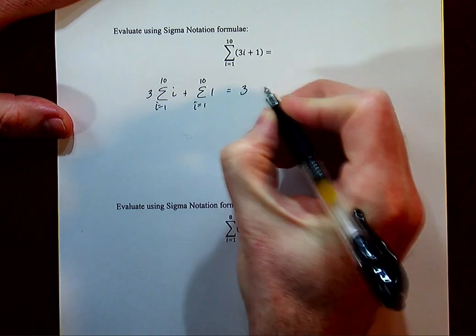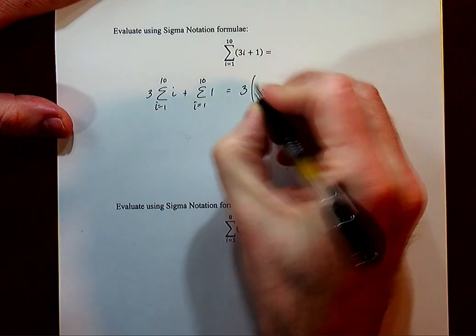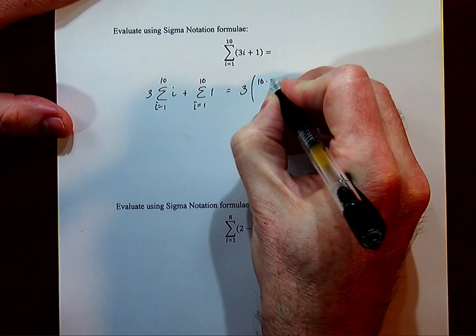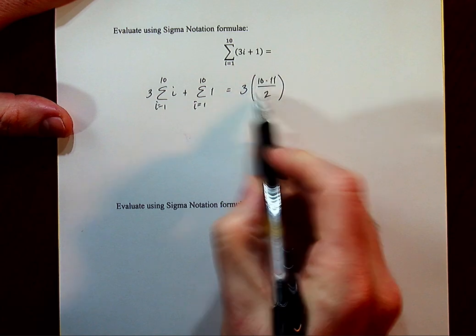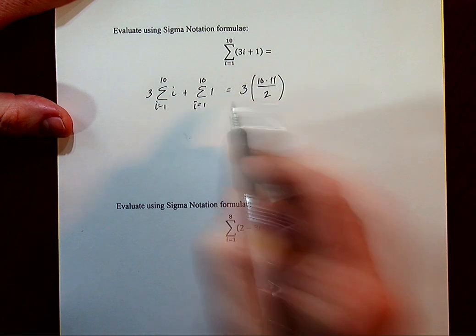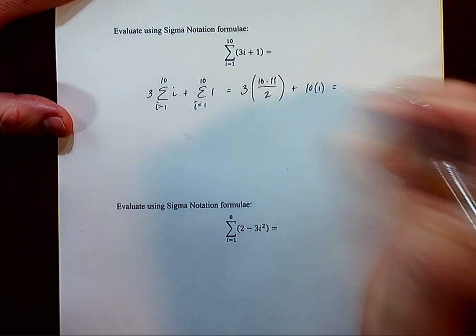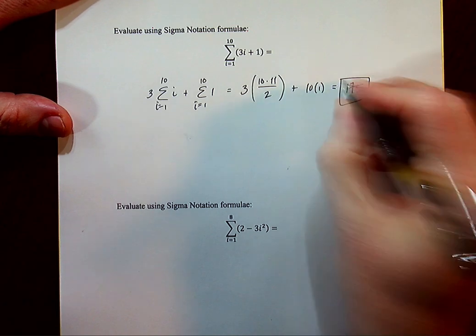Now the formula for i is n plus 1 over 2, and our n is 10. Our n plus 1 is 11 over 2. And so what that amounts to is basically 55. So 55 times 3 is 165, plus 10, and I'm going to get 175.